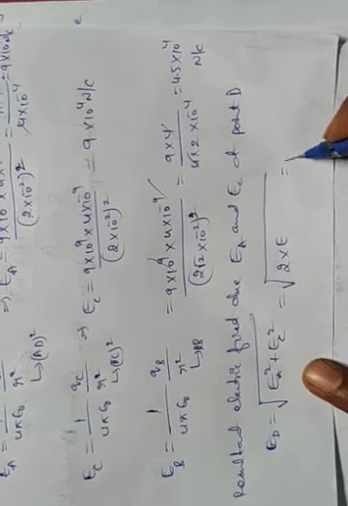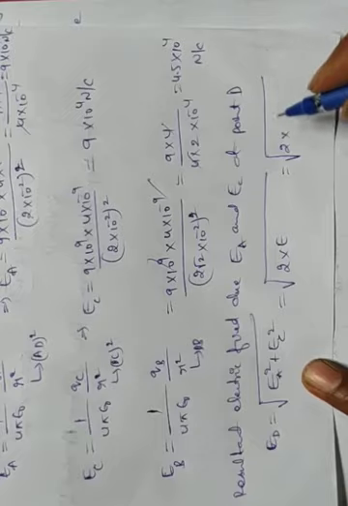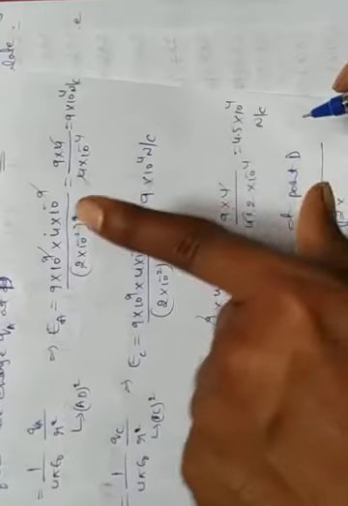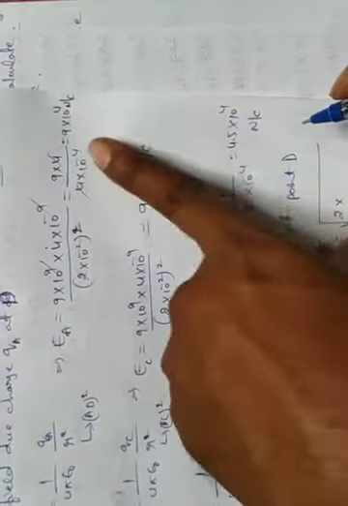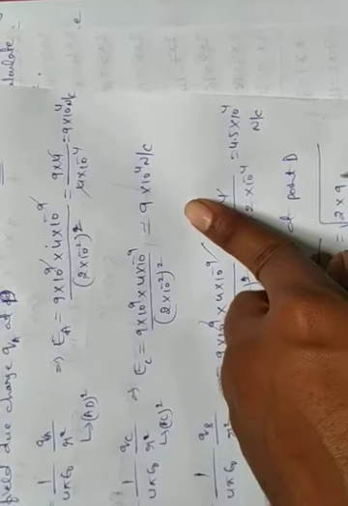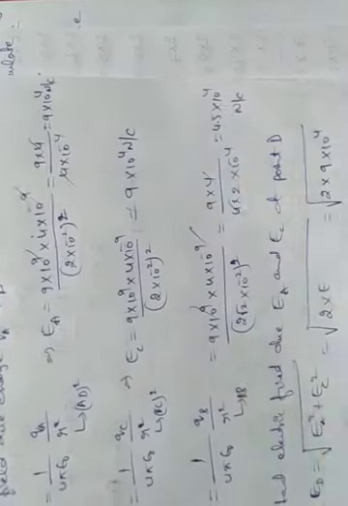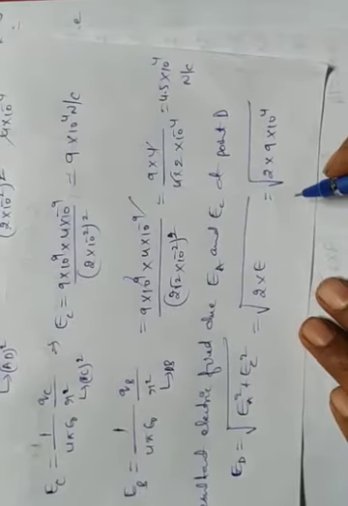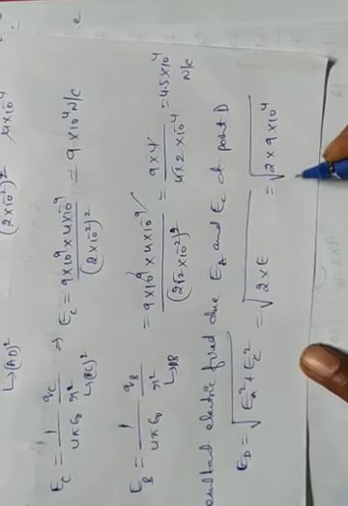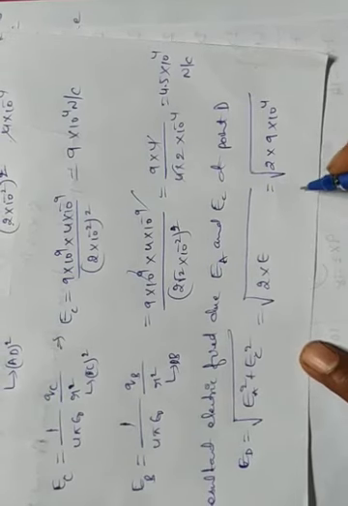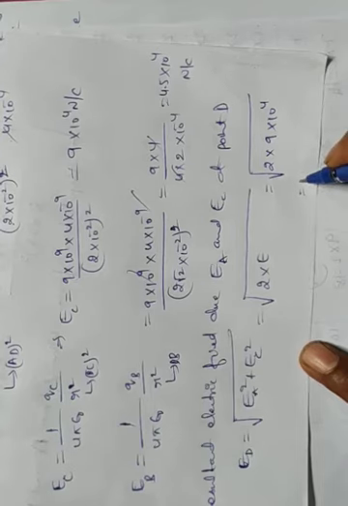That gives square root of 2 into the electric field. EA and EC are both the same, so we can write 9 into 10 power 4.